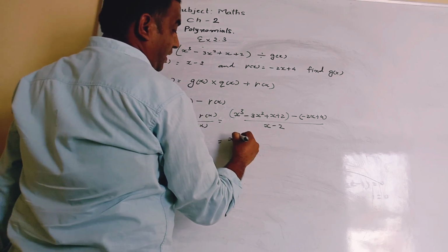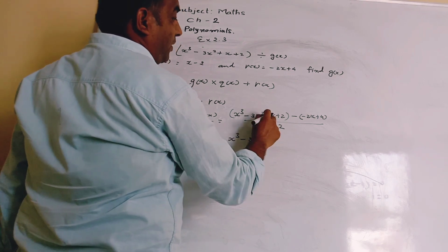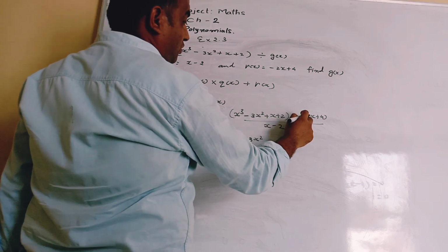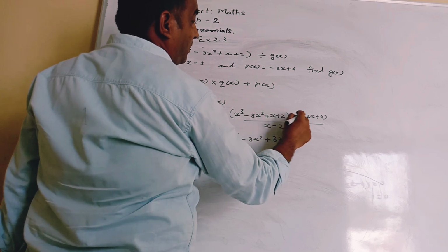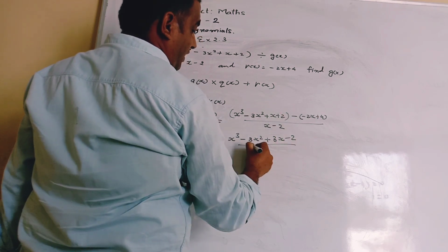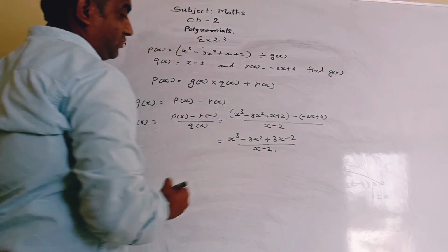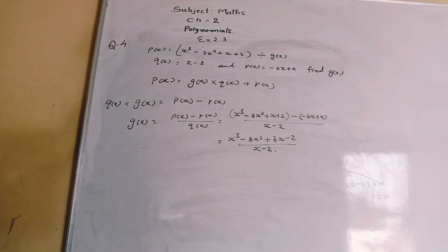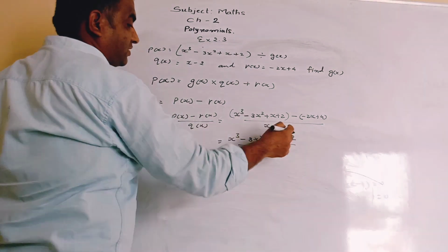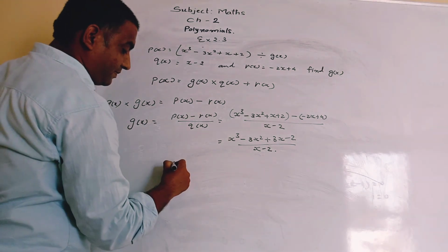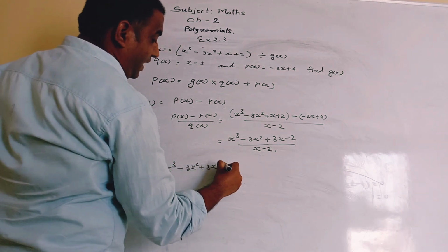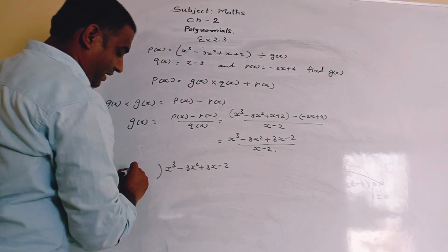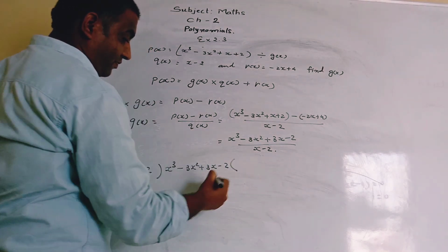So x cube minus 3x square, now plus x and minus minus plus 2. So plus x plus 2x is 3x, and 2 plus 4 gives plus 2, minus minus. And so to find gx, x cube minus 3x square plus 3x minus 2, divided by x minus 2.